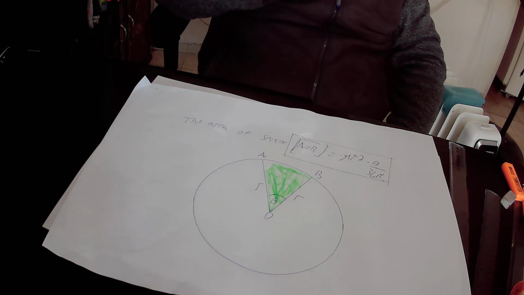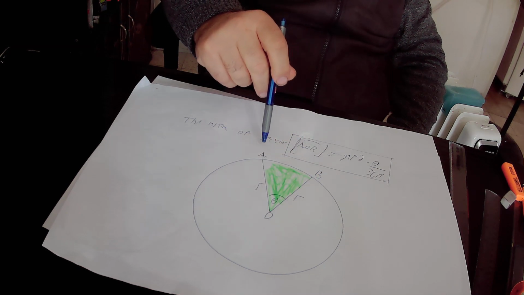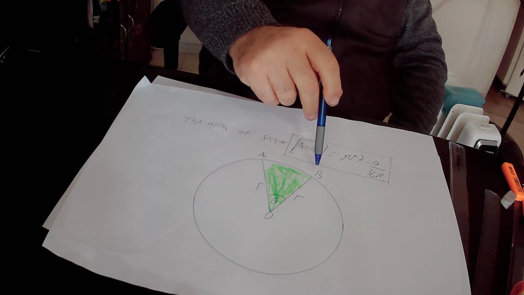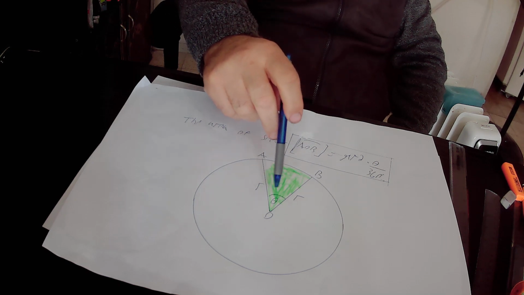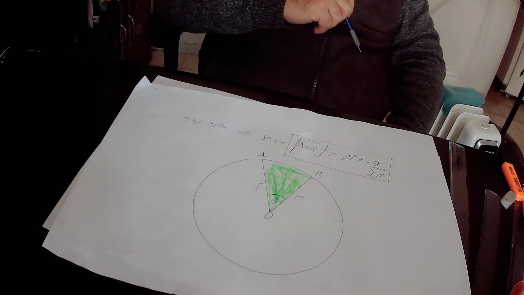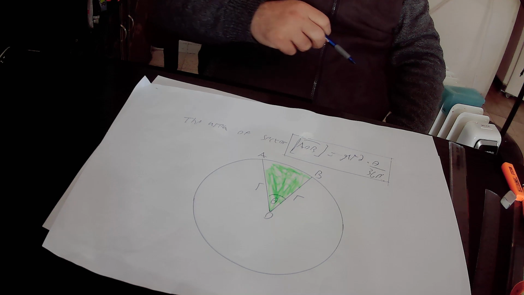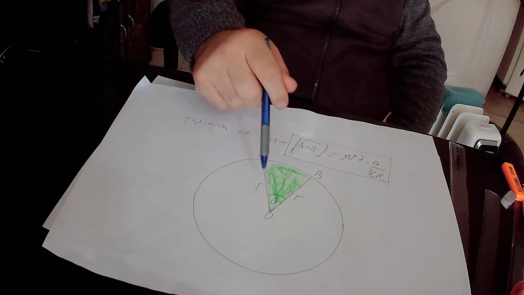And the green sector AOB consists of two legs. The first leg is AO, and the second leg is BO. Both legs of the green sector AOB are the radii of this circle, which is equal to R. And the angle between the legs AO and BO of the green sector AOB is theta.